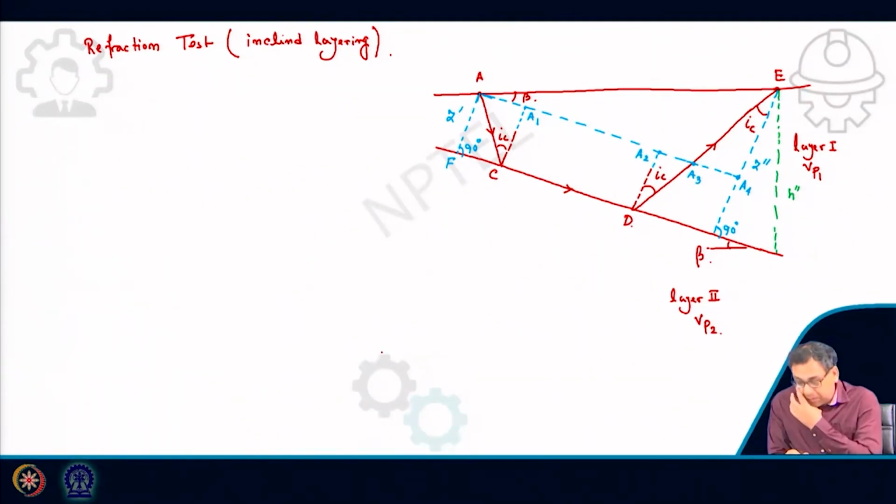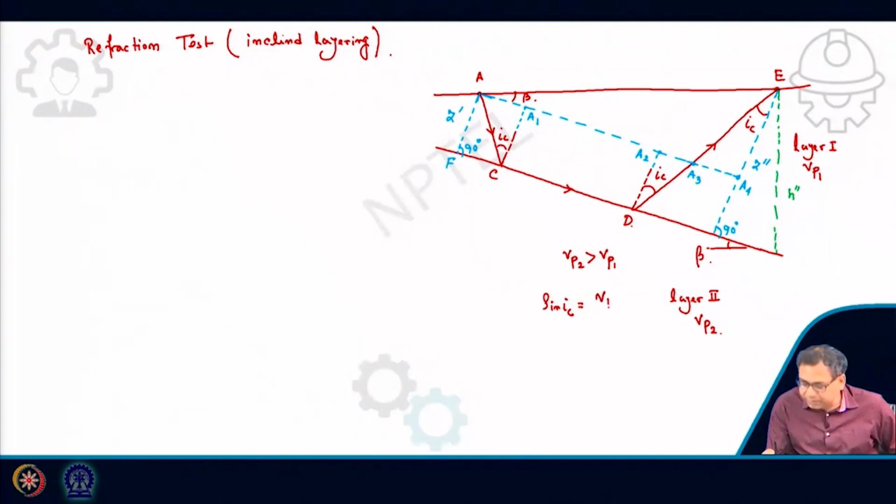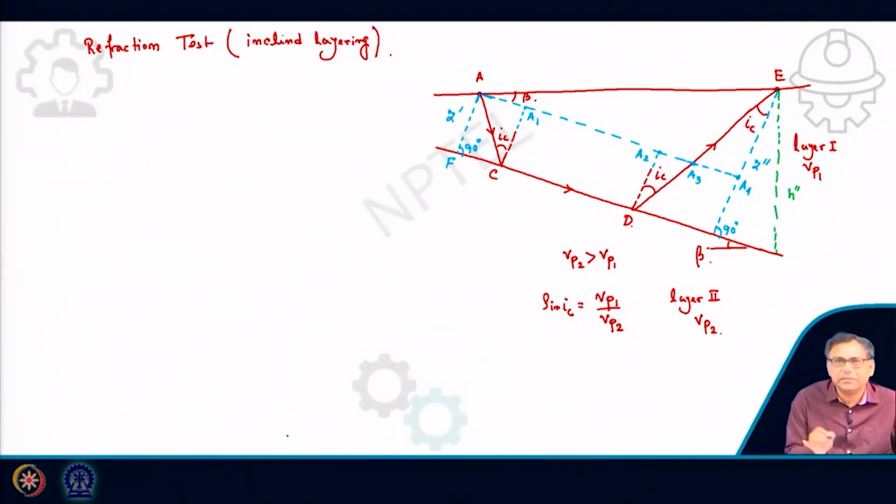So again the condition is VP2 is greater than VP1, and sin IC is equal to VP1 by VP2. Now I have to start the derivation.